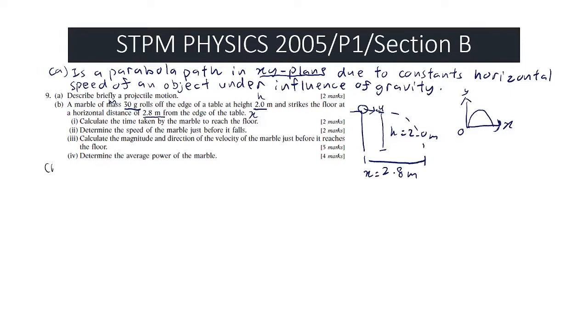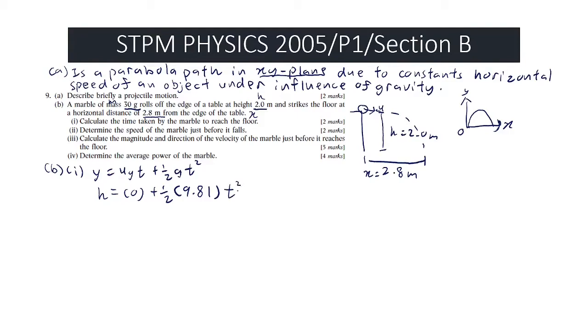So this is B1, and this is given by y equals u_y t plus 1 over 2 a t squared. Initially we don't have a y component, so this is 0, and this y we can substitute with h, plus 1 over 2, and this acceleration is just the gravitational acceleration, 9.81, which is given by g.